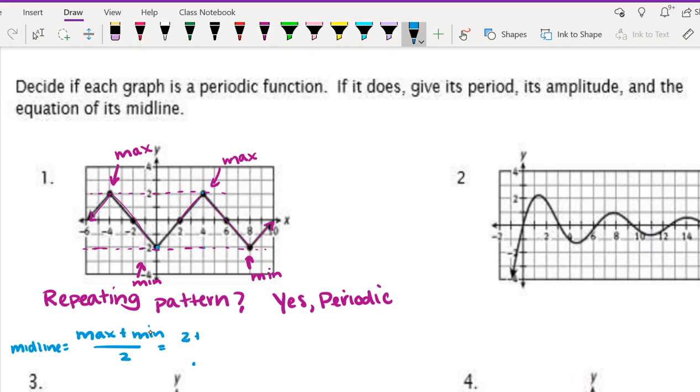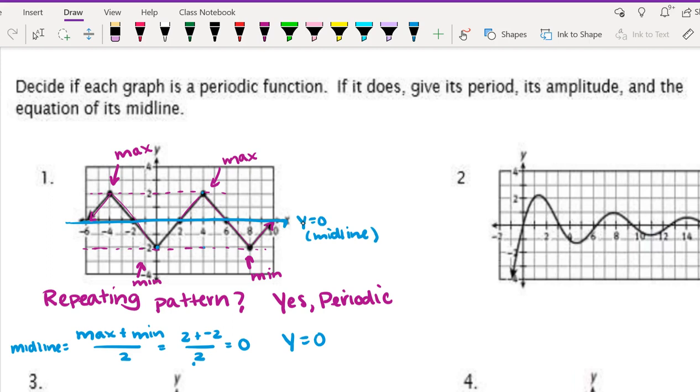And so we get 2 plus -2 divided by 2, which is 0. So y equals 0 is the equation of my midline, or the x-axis is my midline.